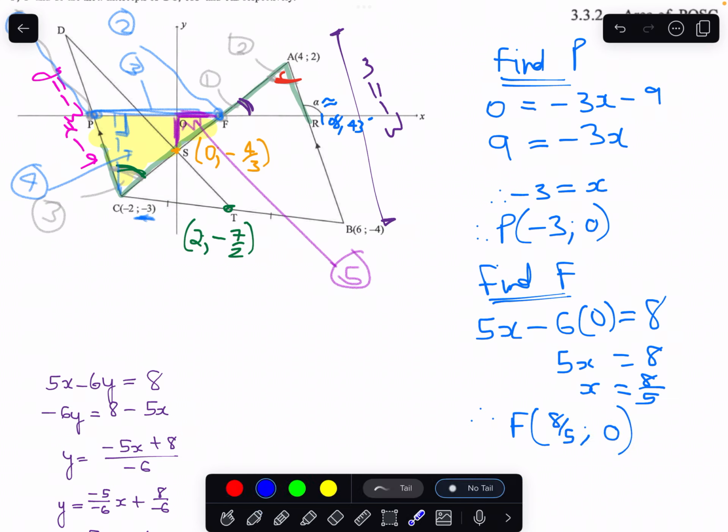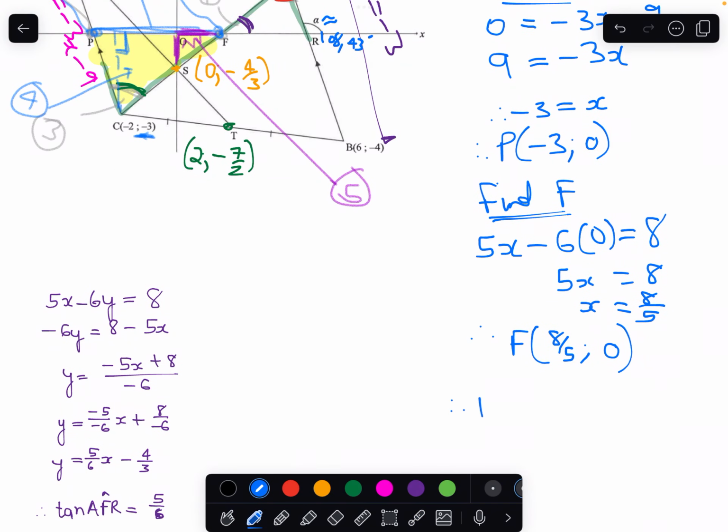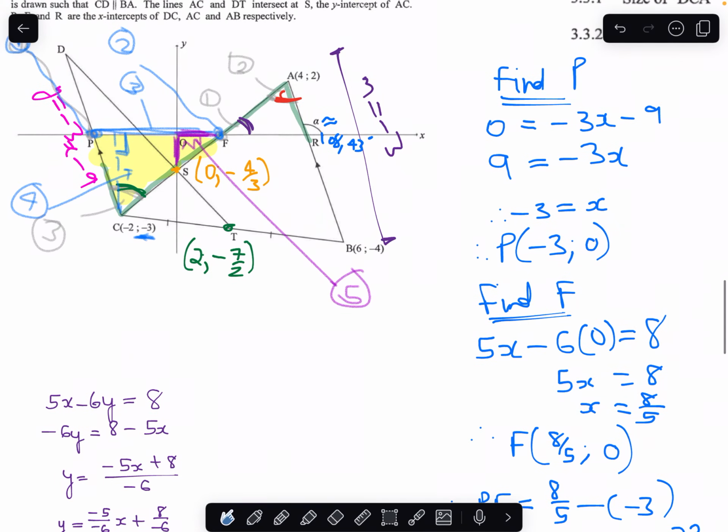Okay, so we got that now, which then gives us the length of PF. Okay, 8 over 5 minus 3. Wait, okay, let's do this. 8 over 5 plus 3, which is the same as 15 over 5. So that is 23 over 5 units. Okay, so we've got that now.